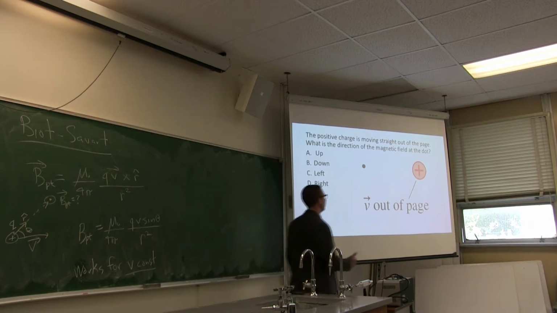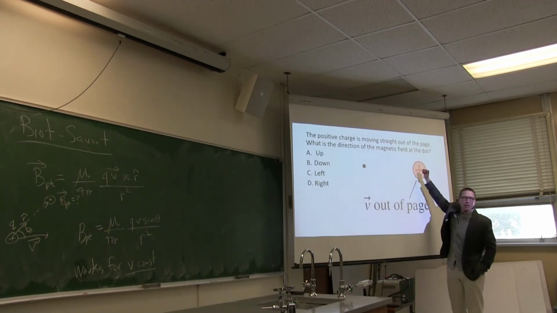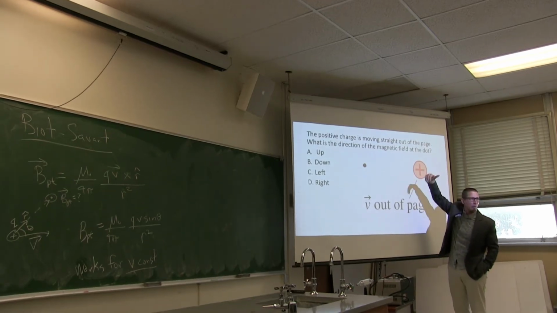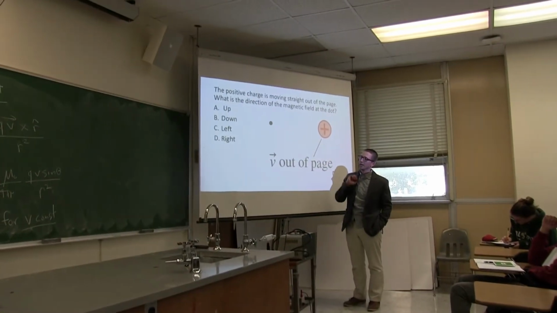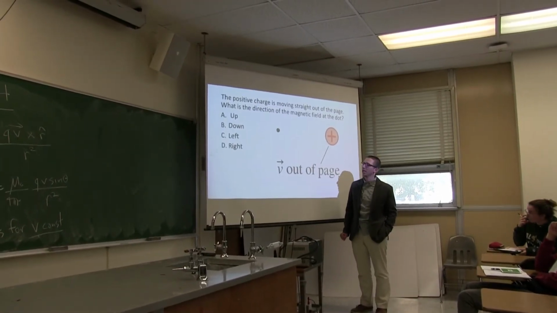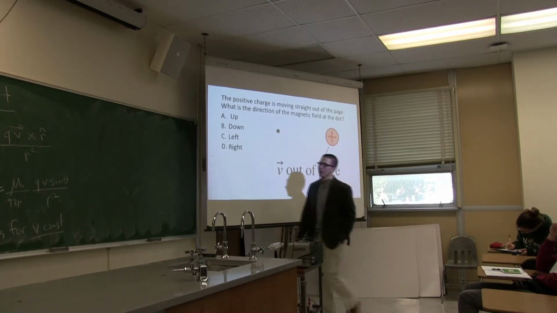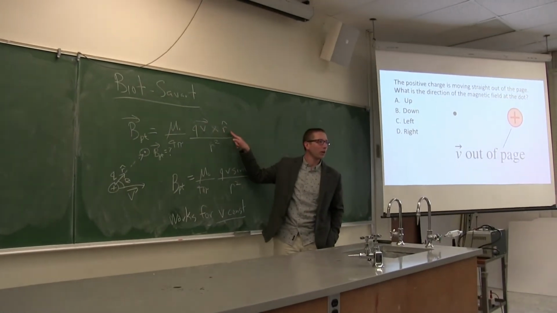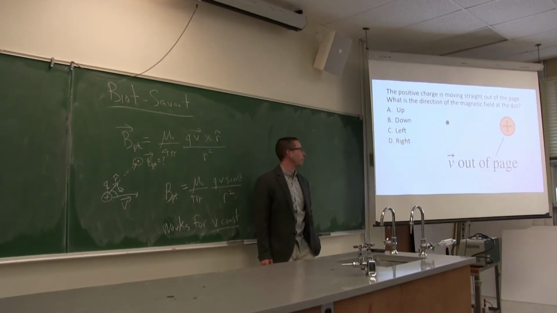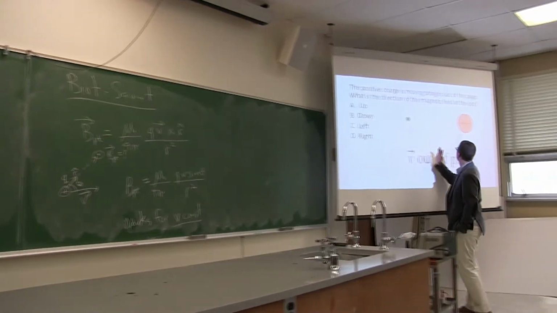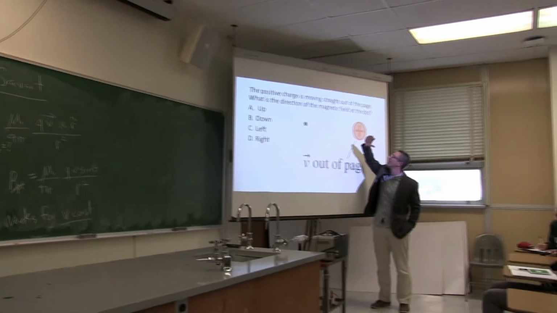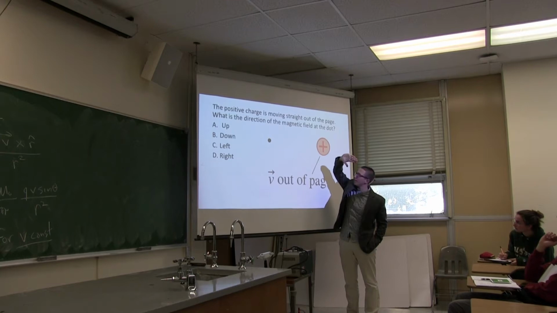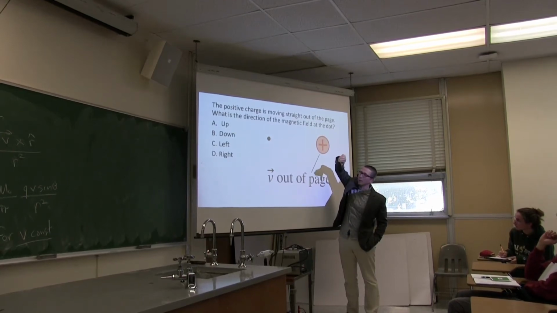If I point my thumb in the direction that the charge is moving, then at the point of the magnetic field, it would point down. Now, using the Biot-Savart law, we could say the magnetic field B is given by the cross product of v cross r. So just using the right-hand rule for the Biot-Savart law, I point my fingers in the direction that the charge is moving out, and then I curl my fingers in the direction of the r hat vector, which would be this way.